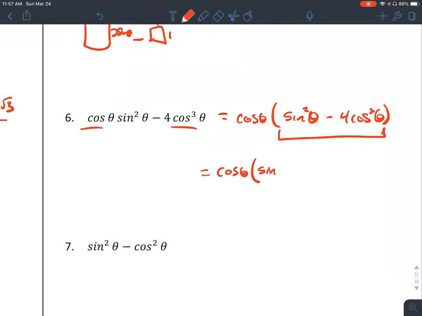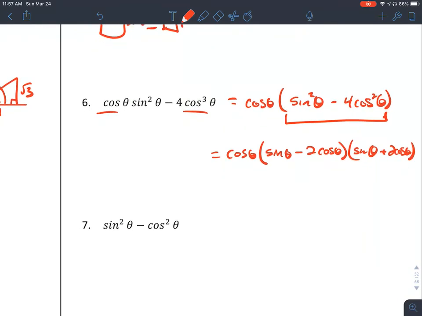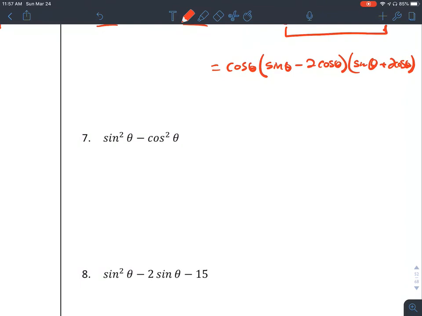It's going to factor into sine of theta minus 2 cosine of theta times sine of theta plus 2 cosine of theta. Number 7, difference of two squares again. This is sine of theta minus cosine of theta and sine of theta plus cosine of theta.